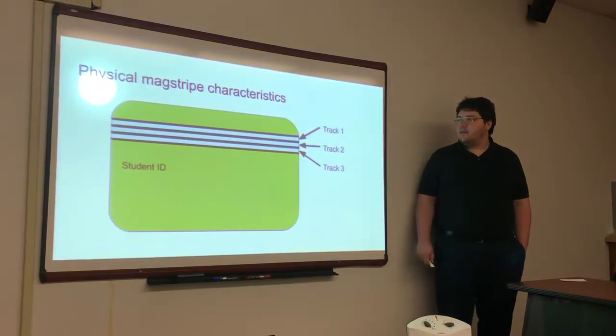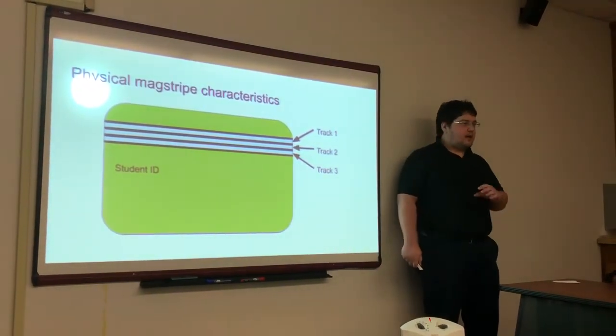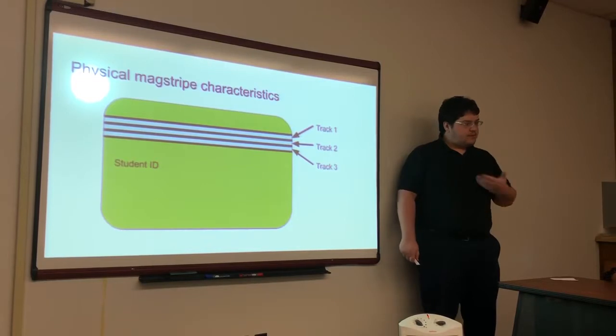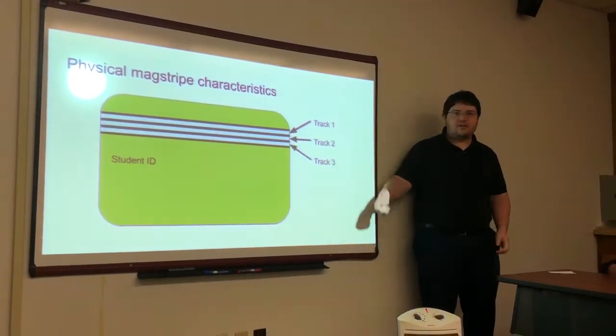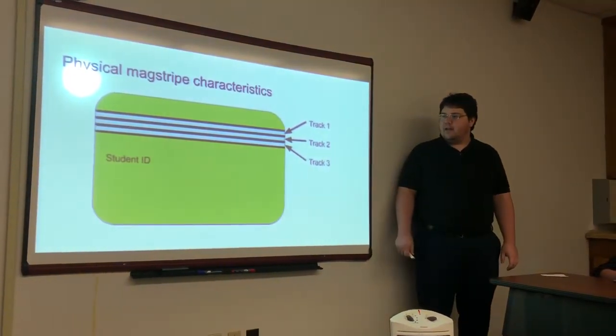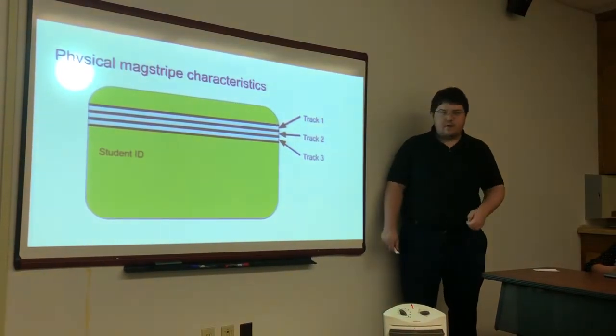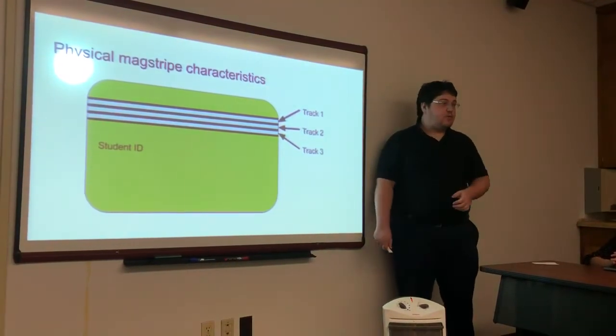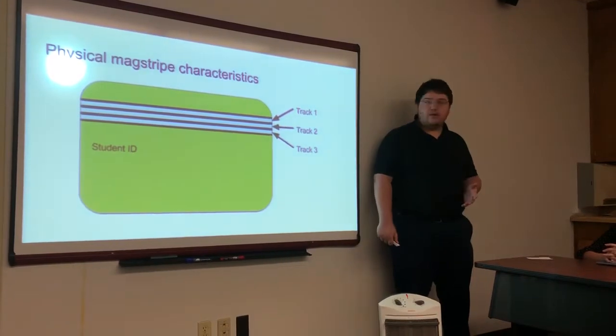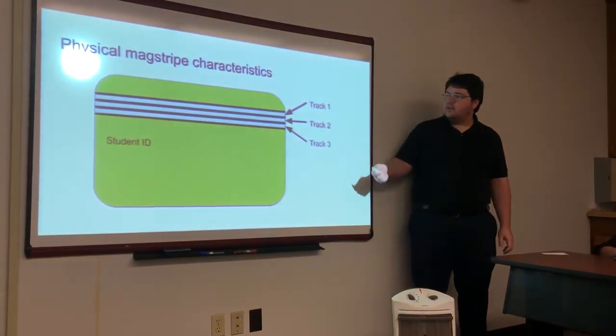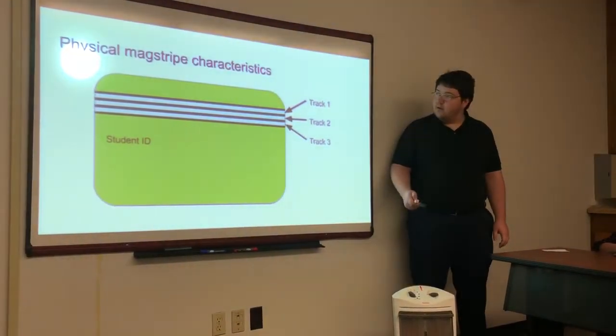Let's talk about the mag stripe characteristics on the actual card. If you flip the card over, you've got this bar across the top, and it looks all fancy, and when you swipe it, somehow the data is transferred to the computer. How that's actually done is through binary encoding, and we've got 3 tracks of mag stripe.